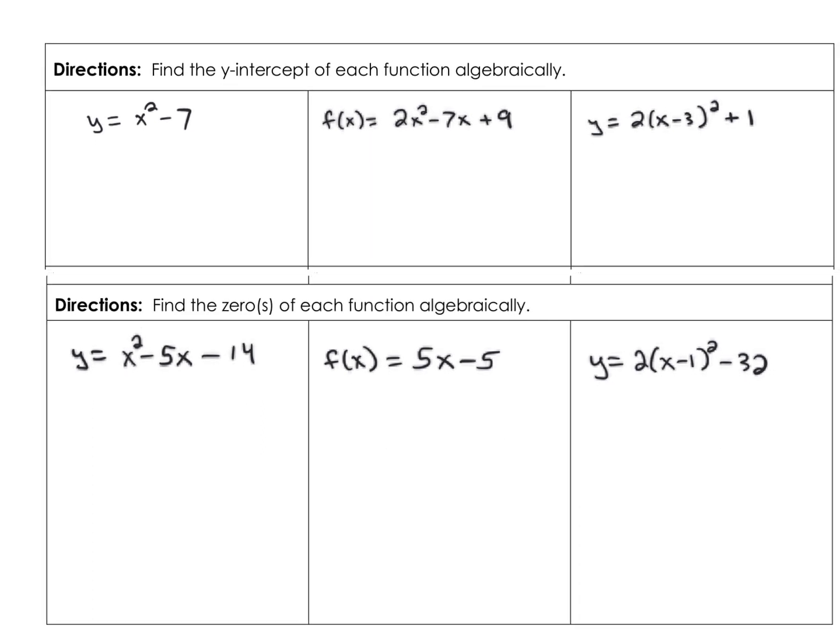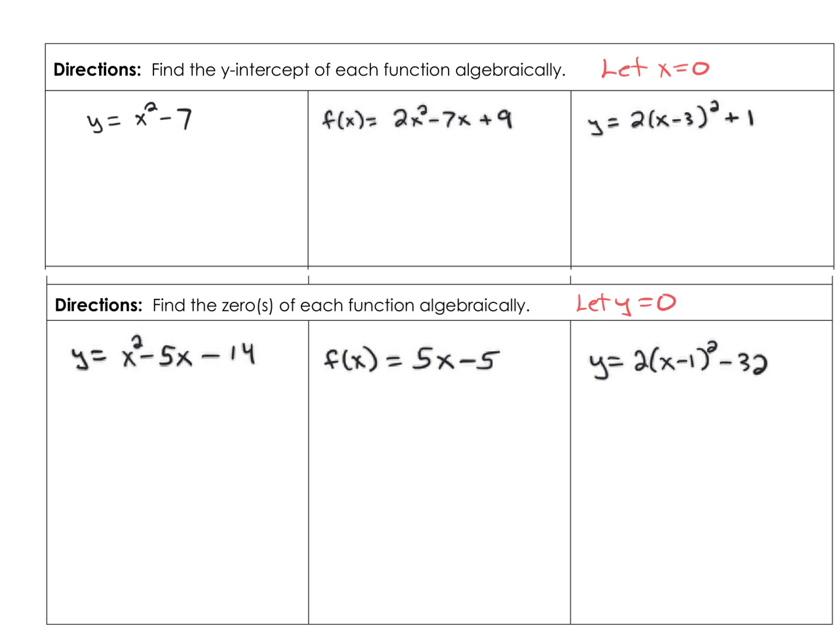On your worksheet, you are going to be asked to find y-intercepts and to find zeros, and we're going to do it algebraically and not by graphing. So remember, to find y-intercepts, we let x equal 0, and to find zeros, which are x-intercepts, we let y equal 0.